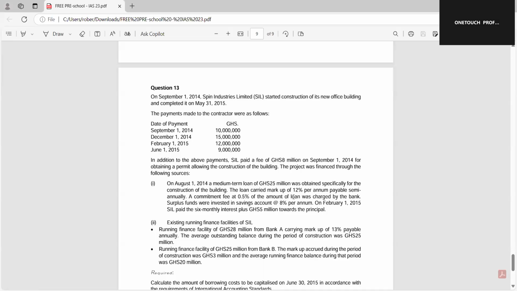The capitalization is starting in September, and it's ending on the 1st February, which is the 6-month period. Do you know that the interest for August will be taken to P&L because any investment income in August is also taken to P&L? Do you agree?